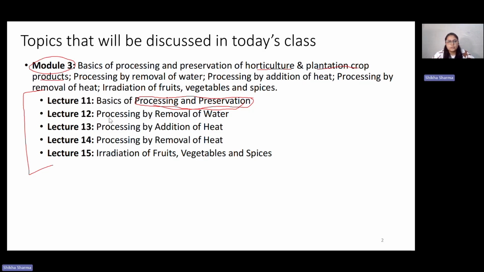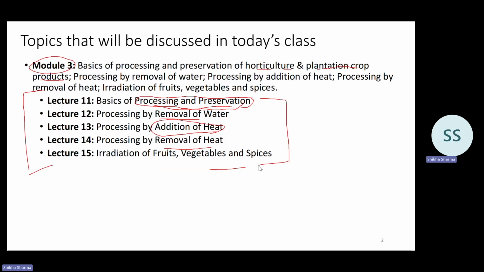Lecture 12 is processing by removal of water. Lecture 13 is about processing by the addition of heat. Lecture 14 is about processing by removal of heat. And lecture 15 is about irradiation of fruits, vegetables, and spices. Basically, these 5 lectures cover all the aspects of the processing and preservation of the horticulture products or plantation crop products.